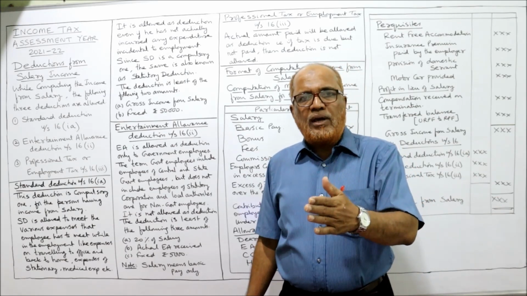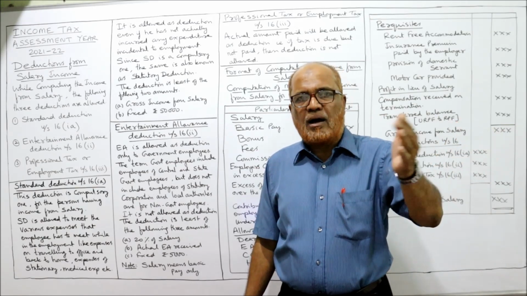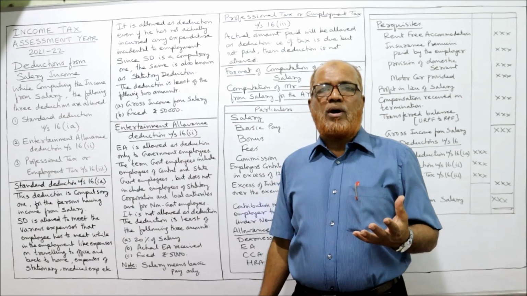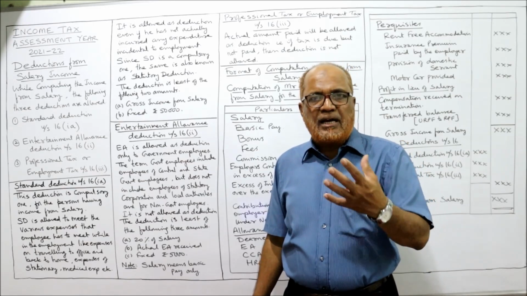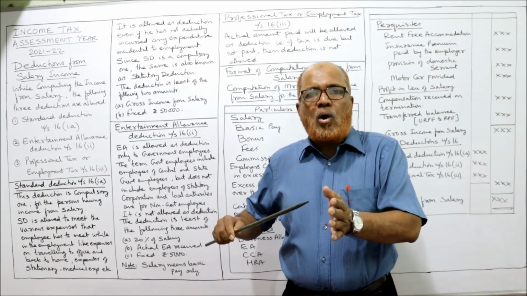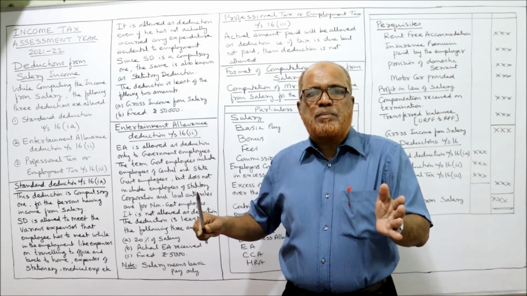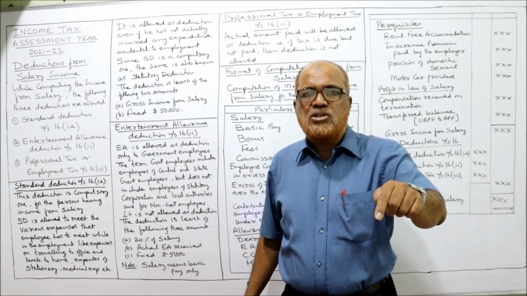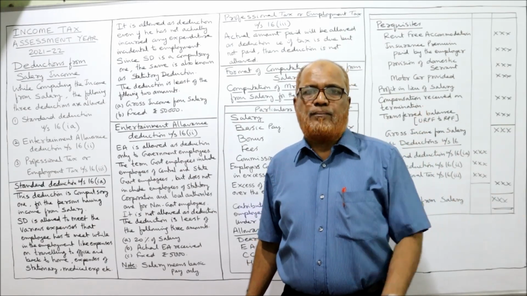For example, going from home to office and coming back from office to home. Similarly, some stationery will be required, and some medical expenses will be incurred. All incidental expenses the employee is incurring in relation to his employment.